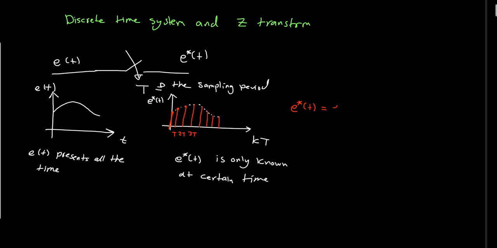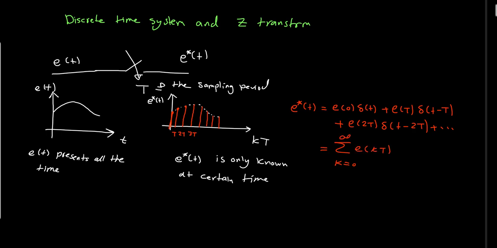So E star of t will equal E of 0 delta of t plus E of T delta of t minus T, capital, plus E of 2T delta of t minus 2T, capital, and so on, which can be written as the summation from k equal to 0 up to infinity of E of kT delta of t minus kT.